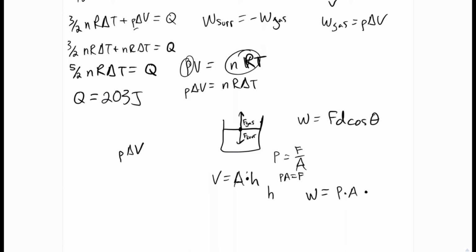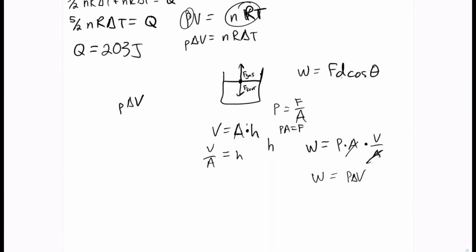And then we want to maybe multiply that by D. So D is going to actually equal, and like we said, we're using H, so delta V over A. And there it is. We can see that these A's will cancel, and work will be P delta V, and P is going to stay the same for this constant pressure.